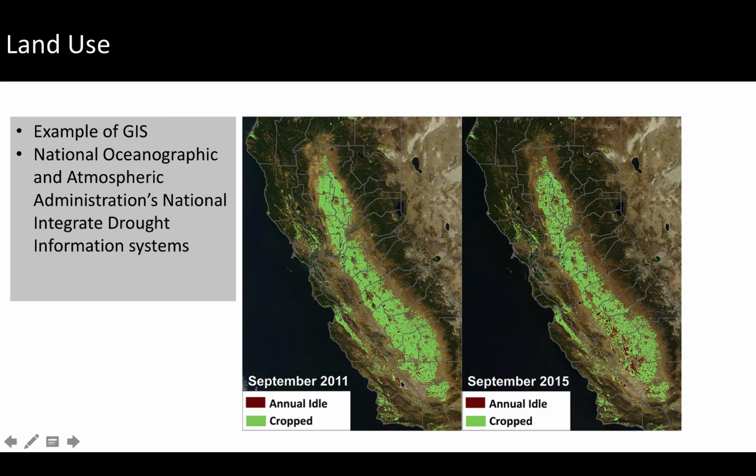You'll see down here there's a little bit of red. And then when you come over to September 2015, you see more red, because California is in a drought. So not extensive, but a wider zone of red that is growing.